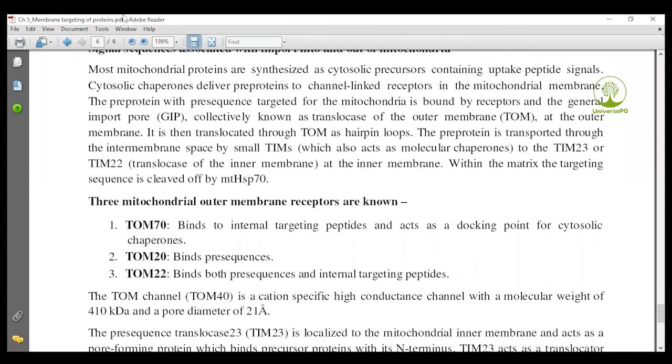It is then translocated through the TOM, the outer membrane, as a hairpin loop. The pre-protein is transported to the intermembrane space by small TIMs, which also act as molecular chaperones to TIM23 or TIM22.